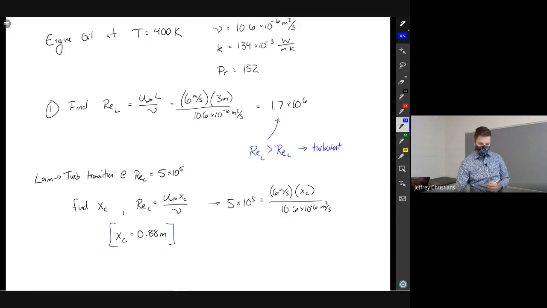And our transition happens at about a little less than a meter down the plate.